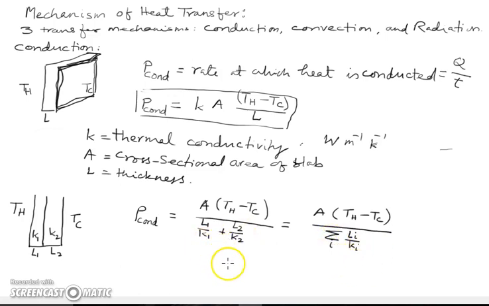This L over K has a name, and this is called R, thermal resistance, or sometimes we call R value.